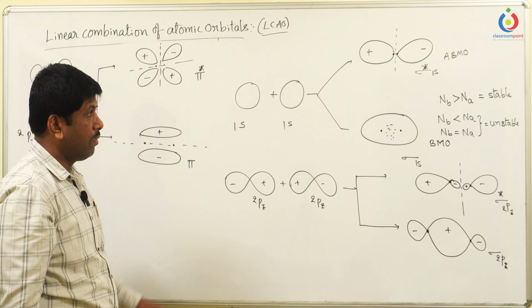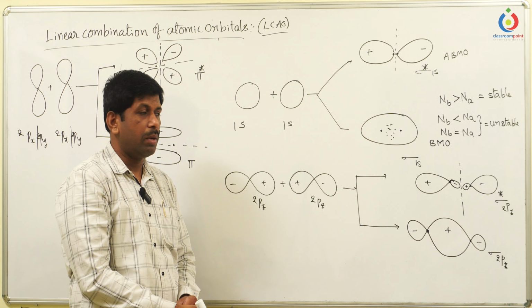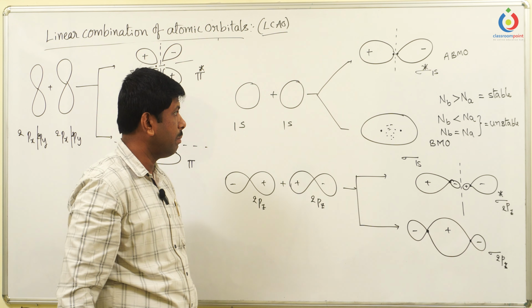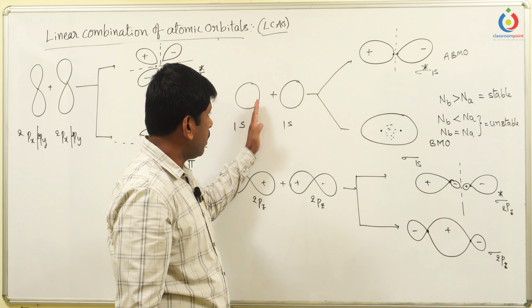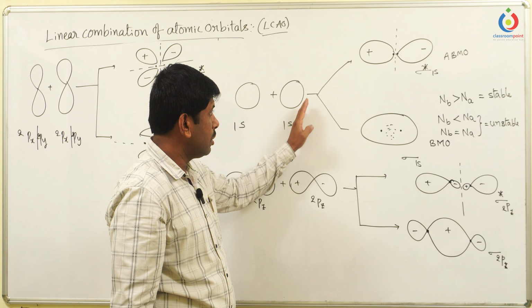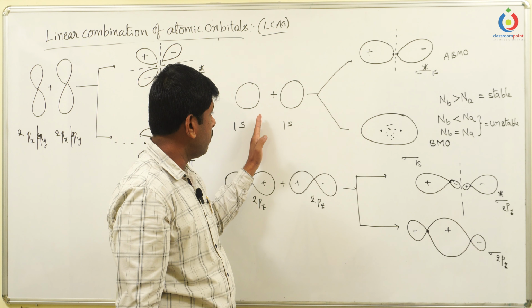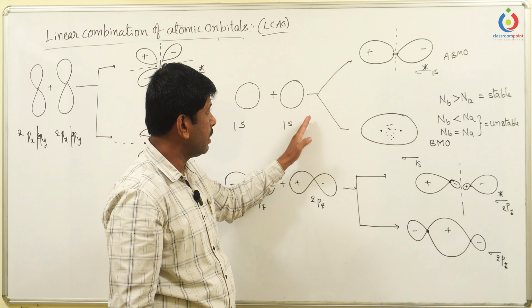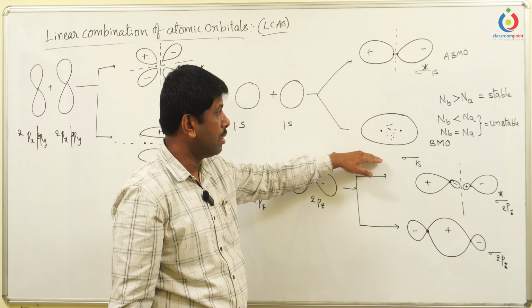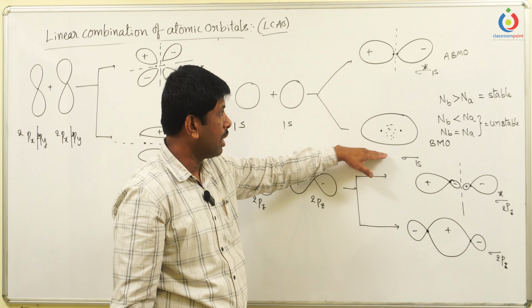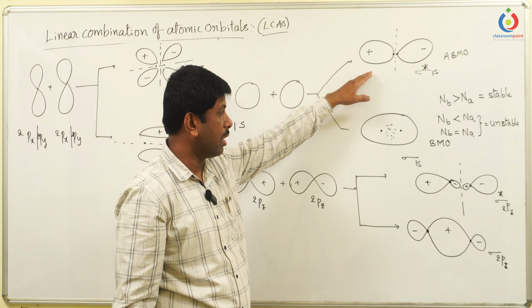If you observe these molecular orbitals and anti-bonding molecular orbitals, we get one more piece of information: the number of atomic orbitals intermixed is equal to the number of molecular orbitals produced. Here two atomic orbitals intermix, so we get two molecular orbitals. One is a bonding molecular orbital, one is an anti-bonding molecular orbital.